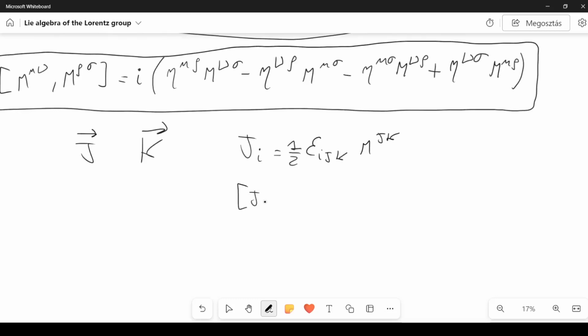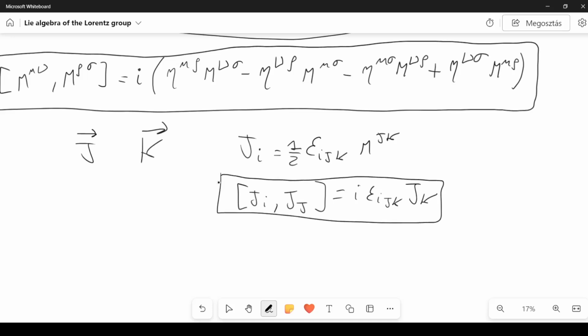So the commutator between J_i and J_j, so this is not really a nice way of writing it, because this index is the same as the letter we use for angular momentum, but whatever, this is the index, it would be i epsilon ijk J_k. So we have the usual commutation rule for angular momentum, which can be derived from the Lie algebra written in covariant form like that.